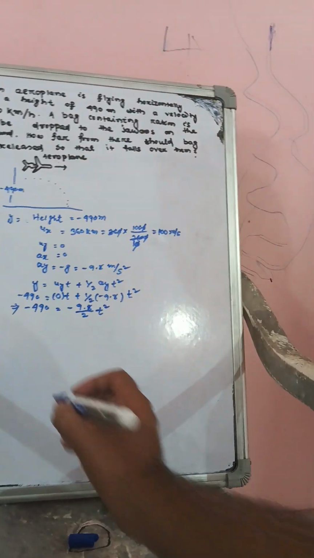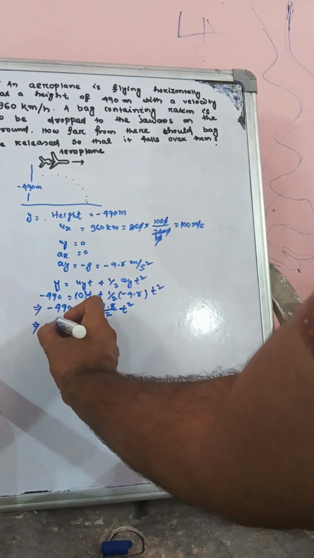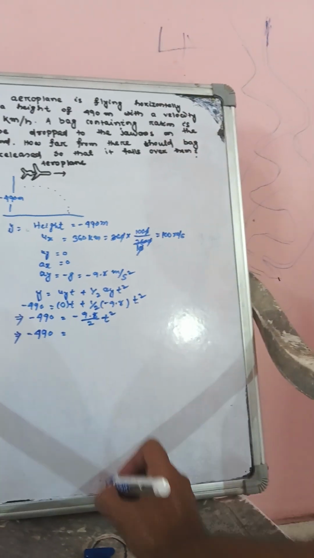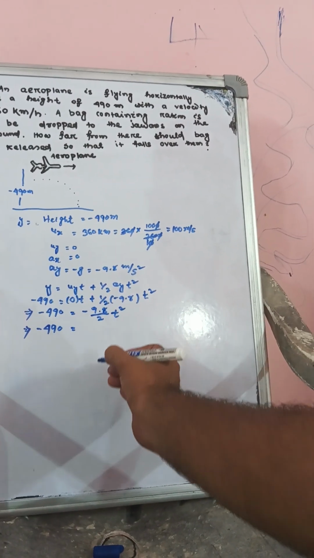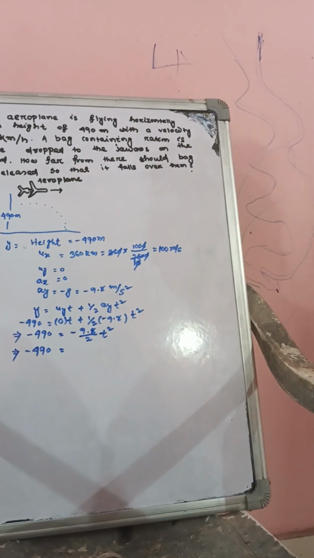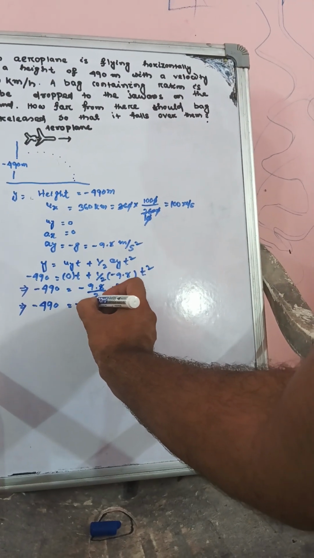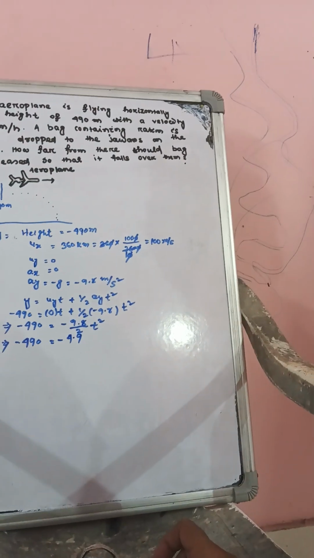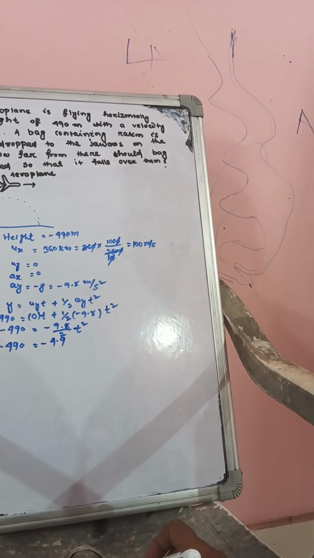This implies that minus 490 meter is equal to 9.8 divided by 2, that is 4.9.